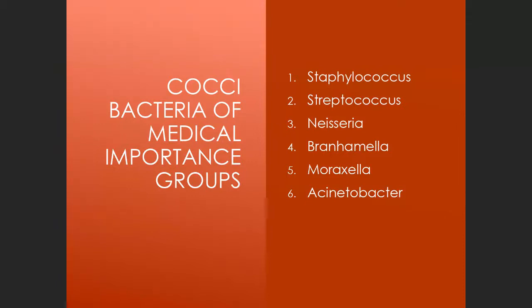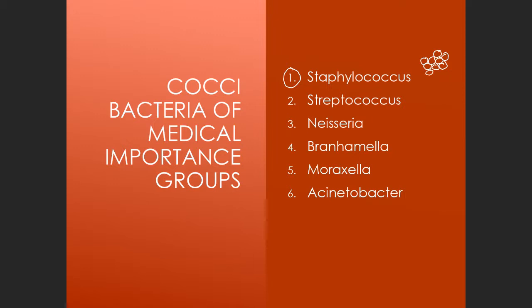The first one is the Staphylococcus group. Remember, Staphylo means cluster and coccus means round. So it's going to look like this: round bacteria that cluster together to make an arrangement that looks like grapes.